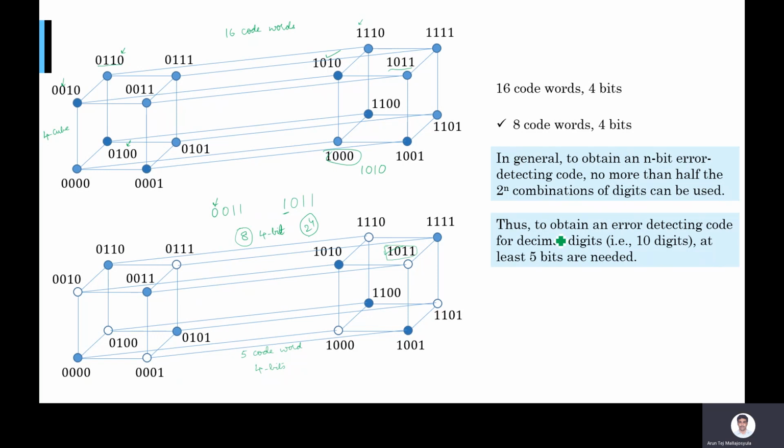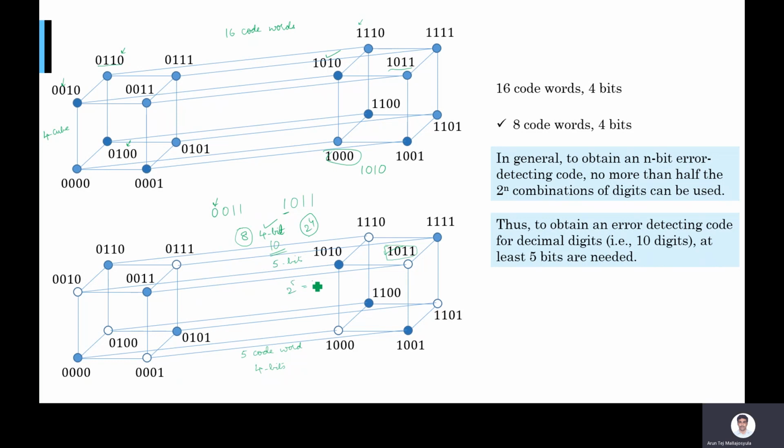So now we started with the BCD example. BCD was using how many bits? 4 bits. And how many code words? 10 code words, right? And therefore, you cannot use BCD as an error detecting code. So if you want an error detecting code for BCD, at least you need 5 bits, right? Why?